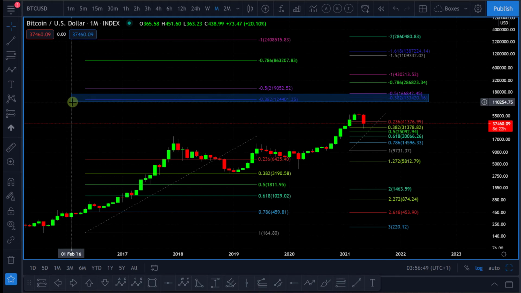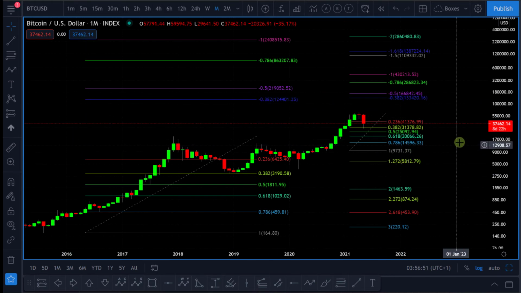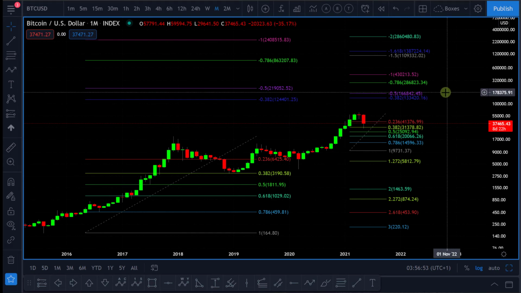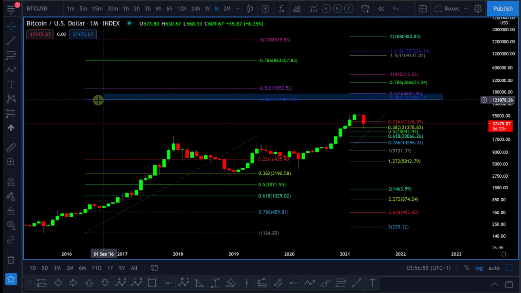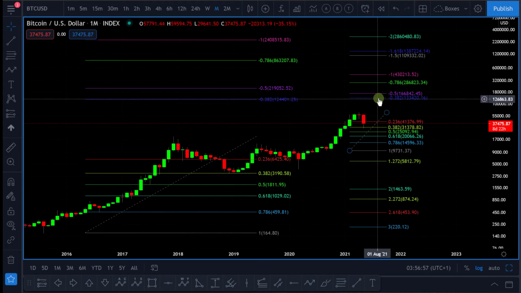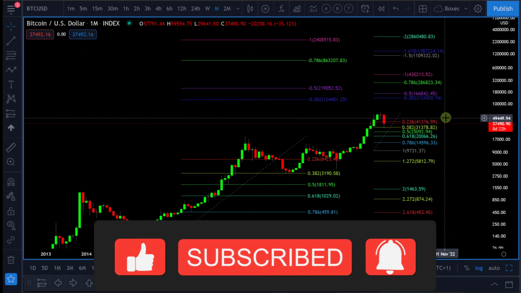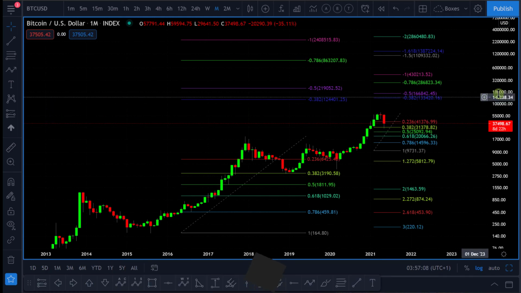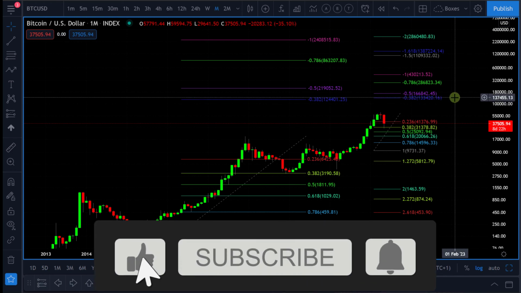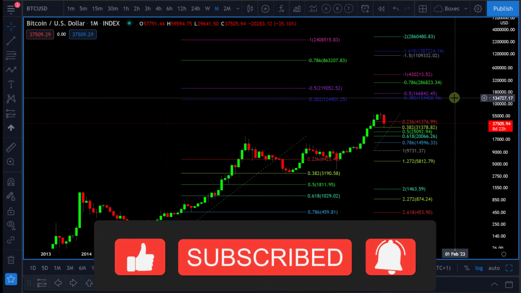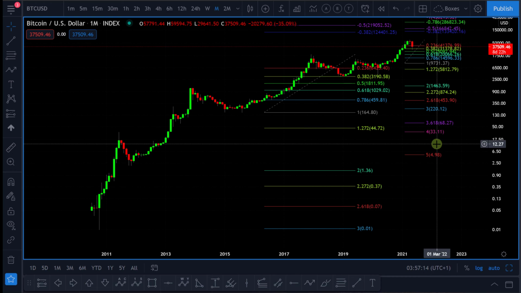And if you find confluences like this, for example, I will be exiting 75% of my positions when Bitcoin touches around 130k, because this confluence is too strong. And that is what I think, in the coming 3 to 5 months till November this year, it will reach around 130k. Anyway, I think that was my analysis.